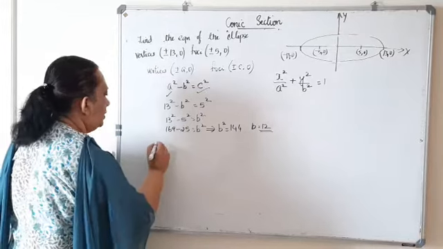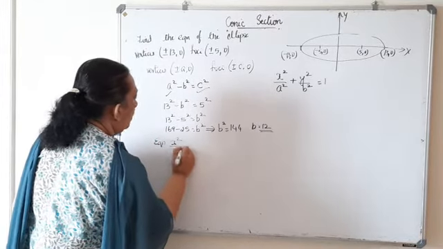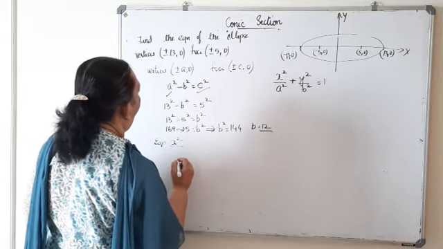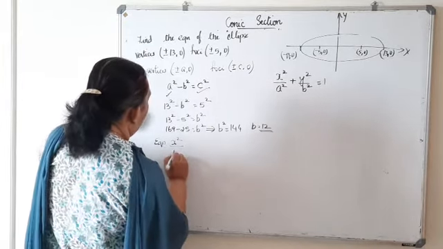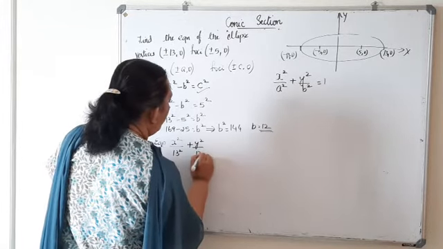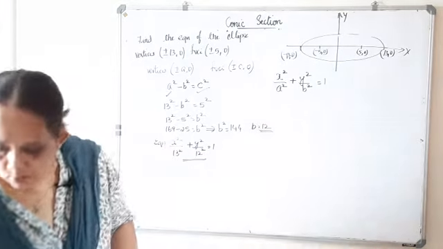So what is the equation? The equation is x squared by 13 squared plus y squared by 12 squared is equal to 1. This is the equation of the ellipse.